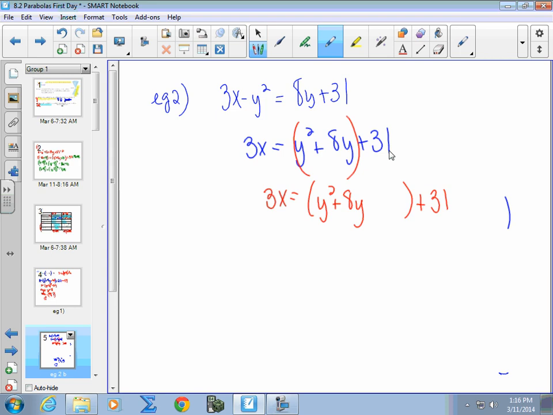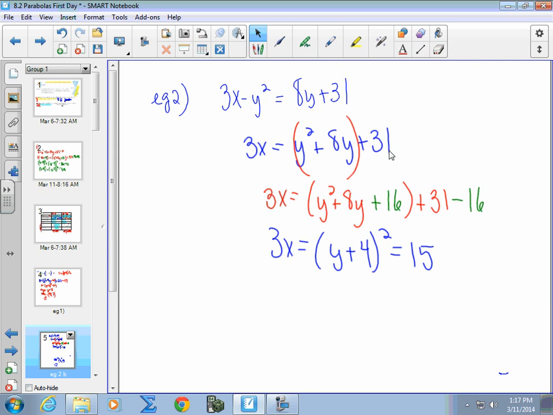We want to take half of a and square it. We'll add 16 on the inside, but don't forget you're subtracting 16 on the outside. Then we'll factor to get y plus 4 squared plus 15.